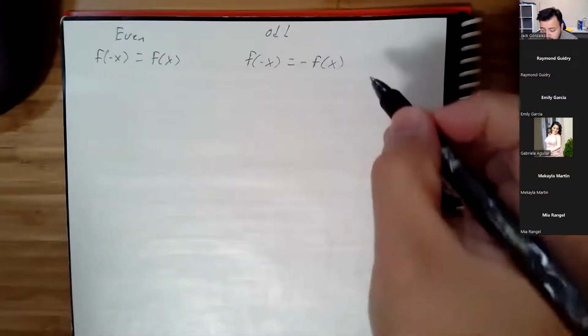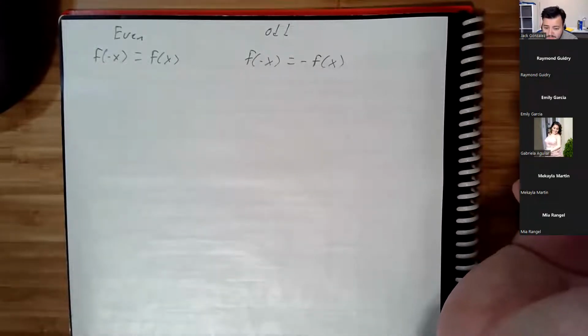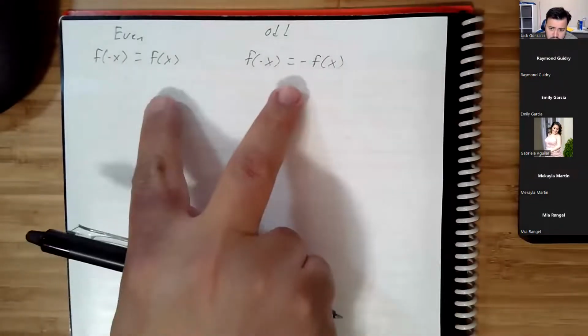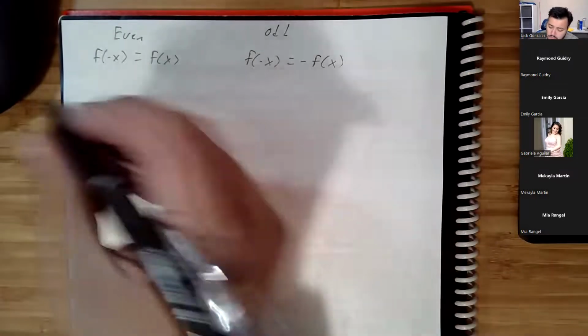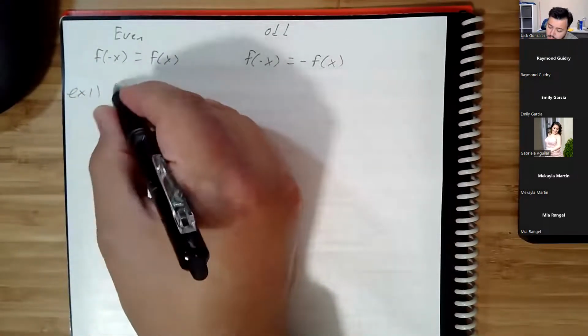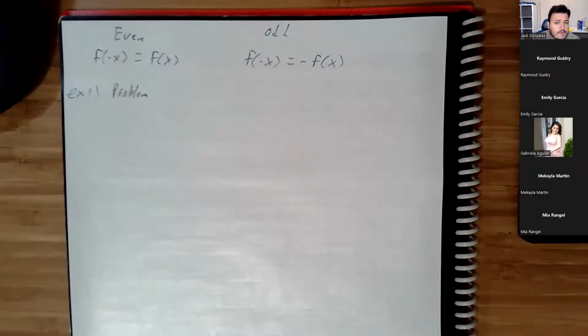If this happens, it is odd. It could also be neither. And it's not always depending on the power or whatever. It's depending on this. This is the definition. Okay. Let's move on to example 1. Problem, I think this is 9. Let me check. Let me open up the homework.